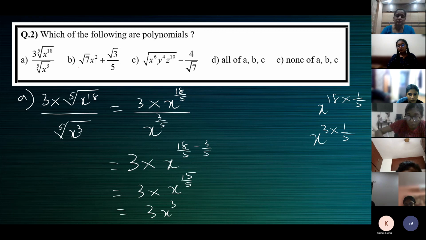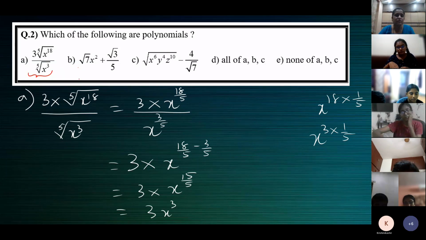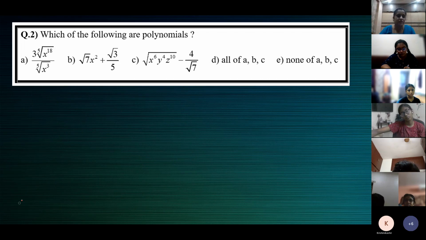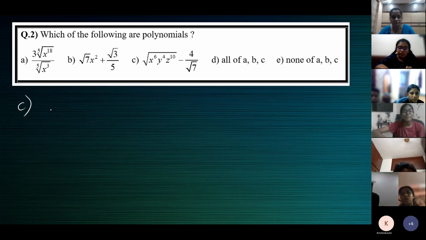So far, what have we concluded? A is a polynomial. B is also a polynomial. Now let's look at C. Is simplification possible in C? No, ma'am.